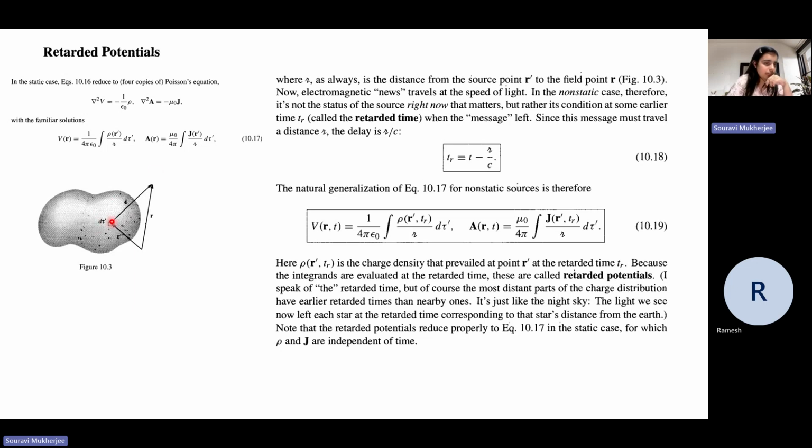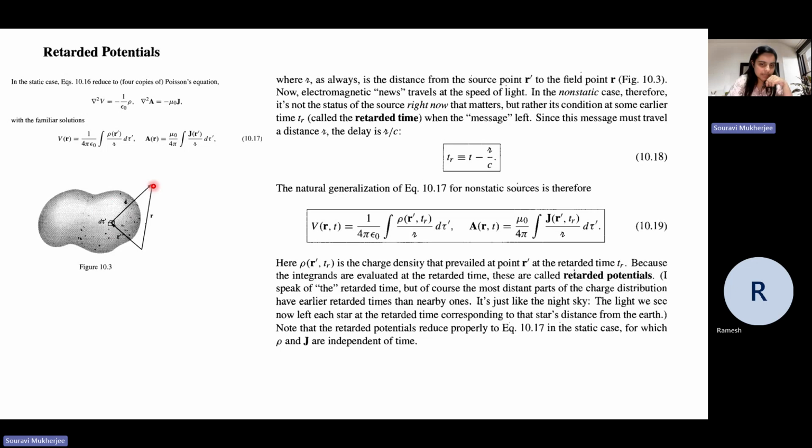Based on the distance from your charge distribution or current distribution, it will take some finite time for this change to finally get reflected at the field point where you are trying to find your field. So you have to consider what happens at an initial time.